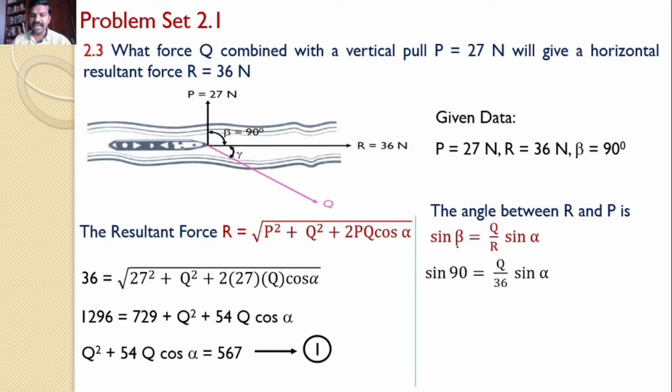Then it becomes sine 90 is equal to Q by 36 into sine alpha, since Q and alpha are unknown and R is known. Sine 90 is equal to 1. So we can write Q sine alpha is equal to 36, or sine alpha is equal to 36 by Q. This is the second equation.